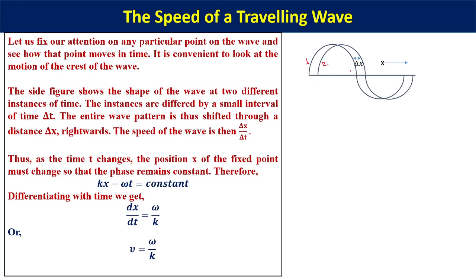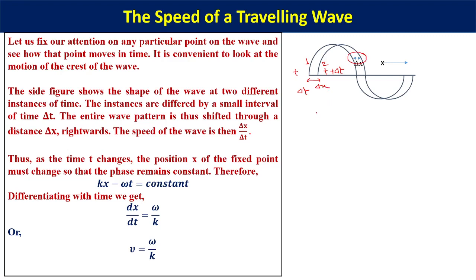So 1 is the status of the wave at some time t, and 2 is the status of the wave at some time t plus delta t. That means in a time difference delta t, this wave has traveled a distance delta x. So this distance is delta x.